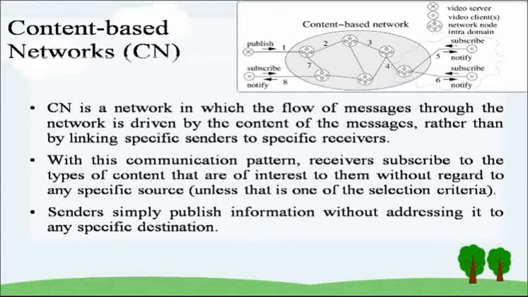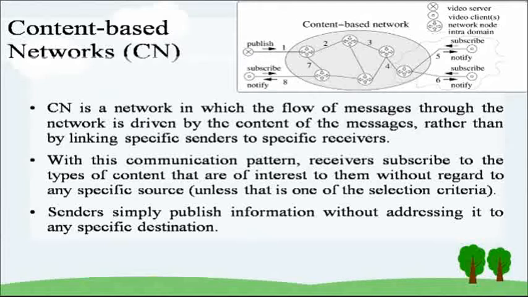So senders here are simply publishing information without addressing it to any specific destination. On the sender side also, they are not interested in knowing who is using the contents. They are just publicizing it, and once it is publicly published, people are going to subscribe to those services.